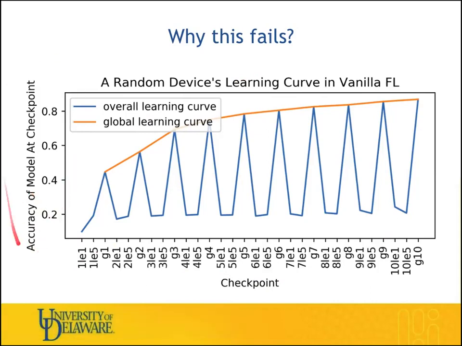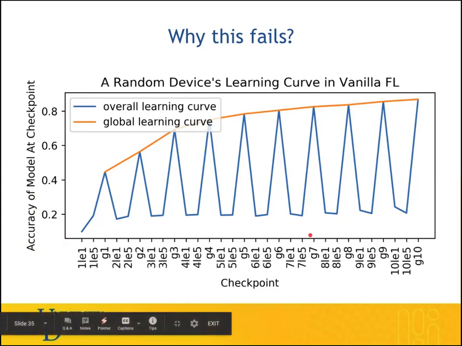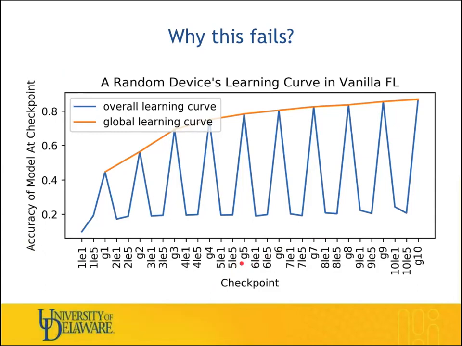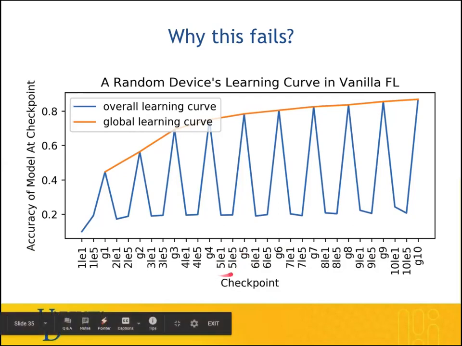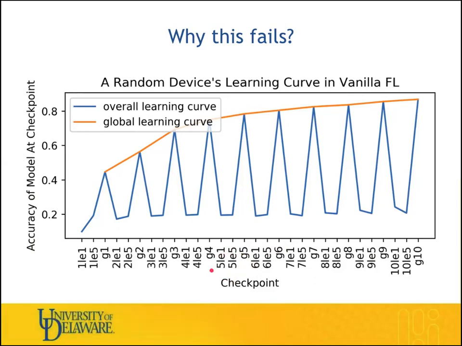The y-axis indicates the accuracy. The x-axis indicates the model checkpoint. G means global model, and the number after G indicates at the end of which communication round this global model is constructed. All other models labeled by LE represent the locally updated models.